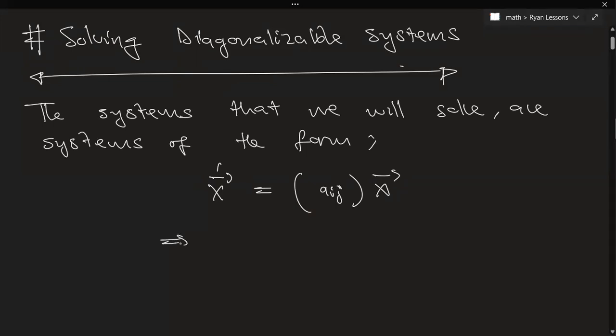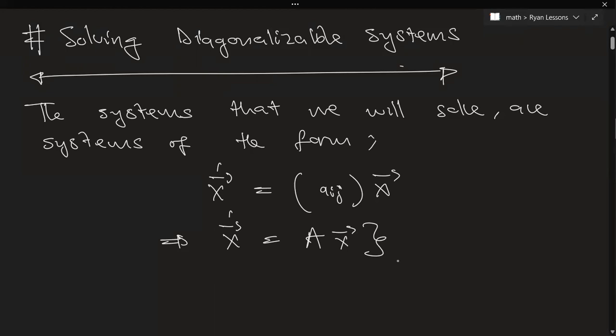So these are simply written as a system like this, where the matrix is represented by A. So what we want is to learn how to solve systems of this nature, which we call linear systems of differential equations, or first order differential equations.